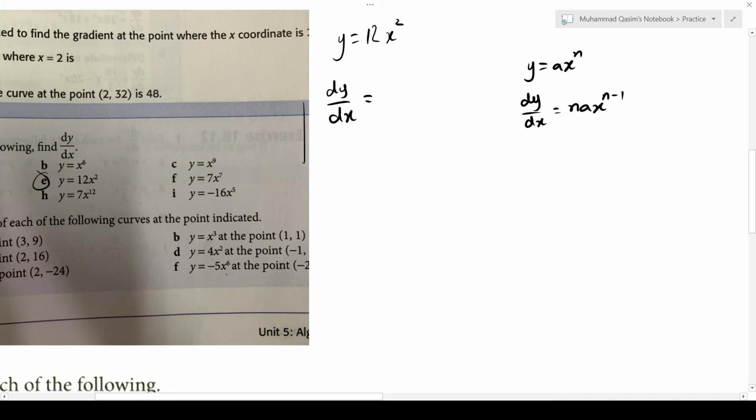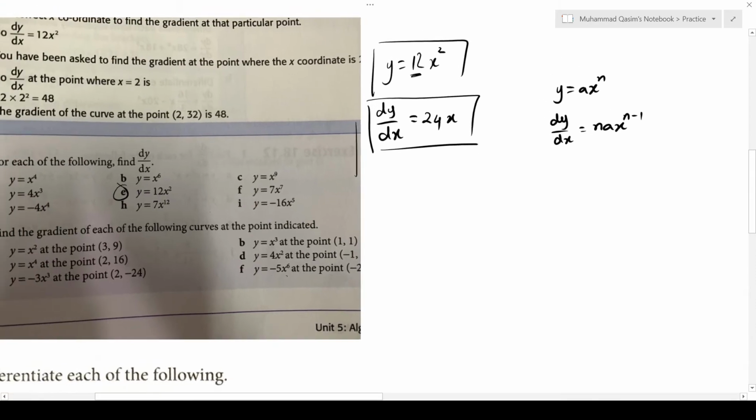Now in this case the power of x is 2, which will come back here and will be multiplied with 12. So 12 times 2 is 24, and the power of x will be reduced by 1. So I have a power of 2, and after reducing by 1, I will have a power of 1, which there is no need to write. So this is the derived function, or the derivative of y equals 12x squared.